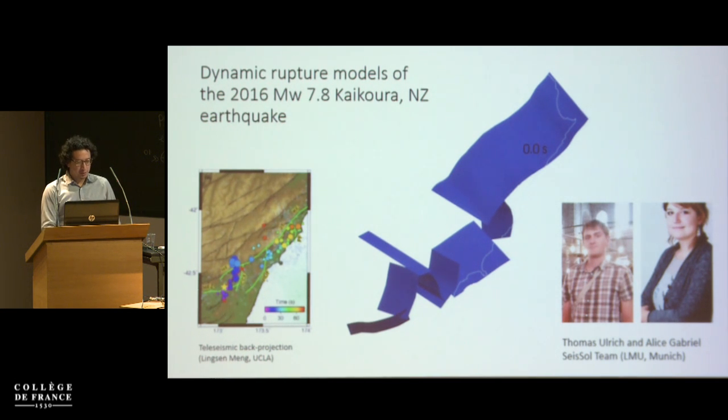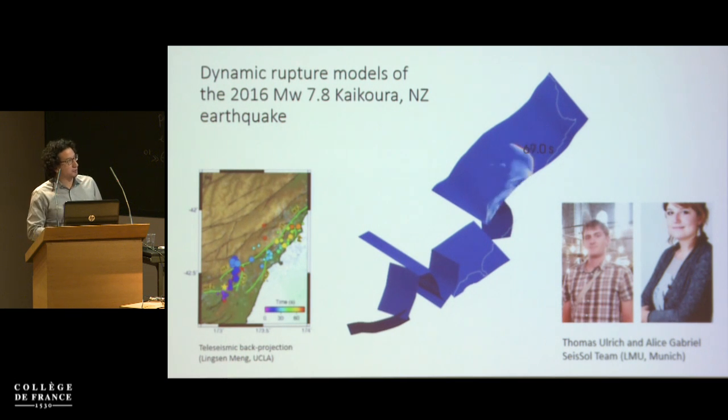And we developed several dynamic rupture models in order to understand what it takes for a rupture to break all these faults and to jump and break them in the order they did according to our back projection results.